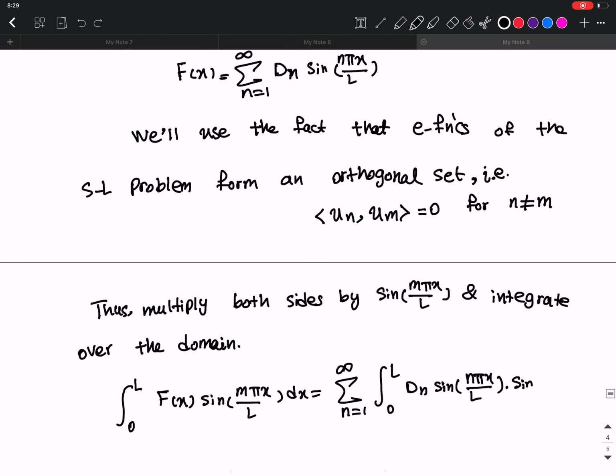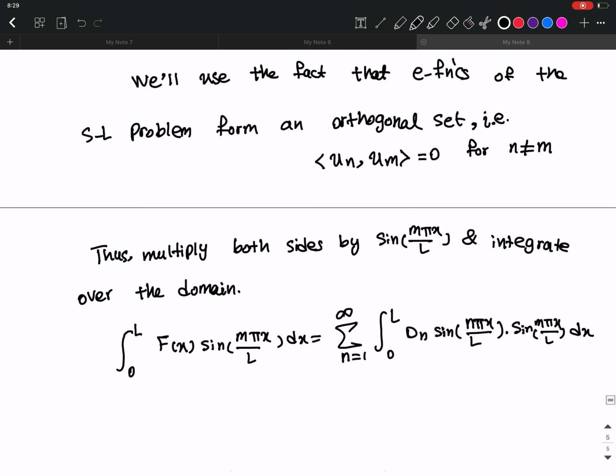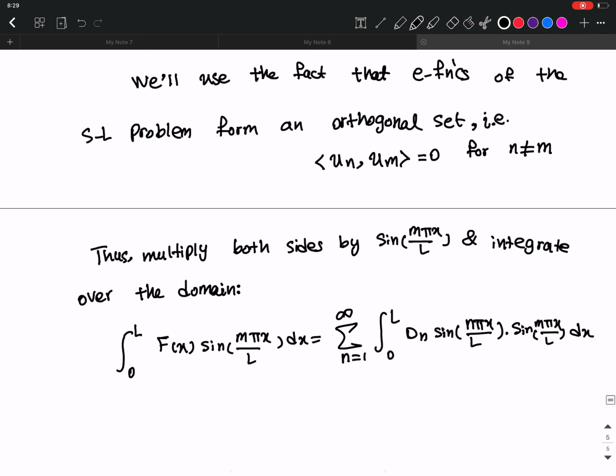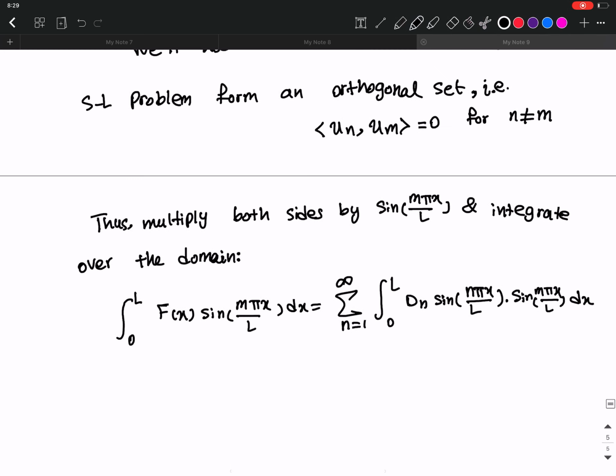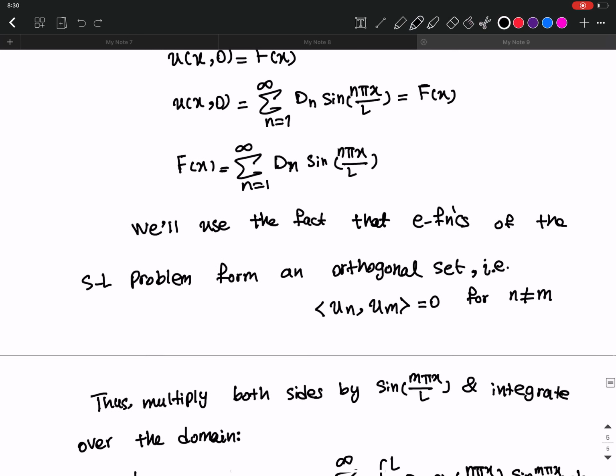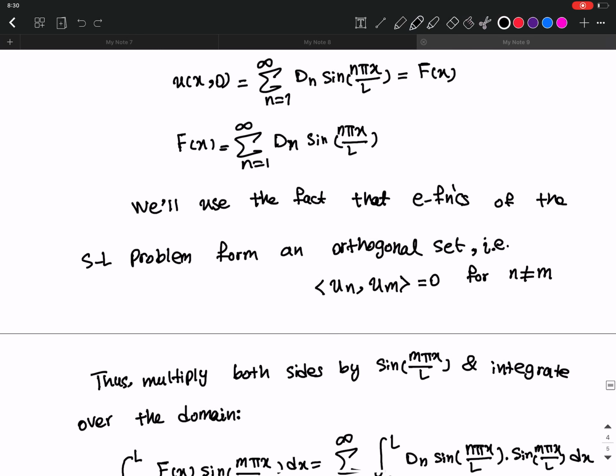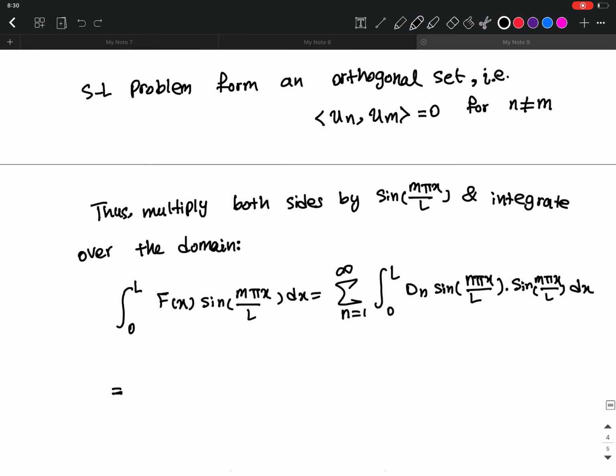So I'm going to multiply it by sine m pi x over L, now m instead of n, times dx. So now I come up with this equation, and what I want to do is open this sum, all the terms of this sum, and use the fact that un and um, the inner product of them, is orthogonal for n not equal to m. Okay, so let's get started.